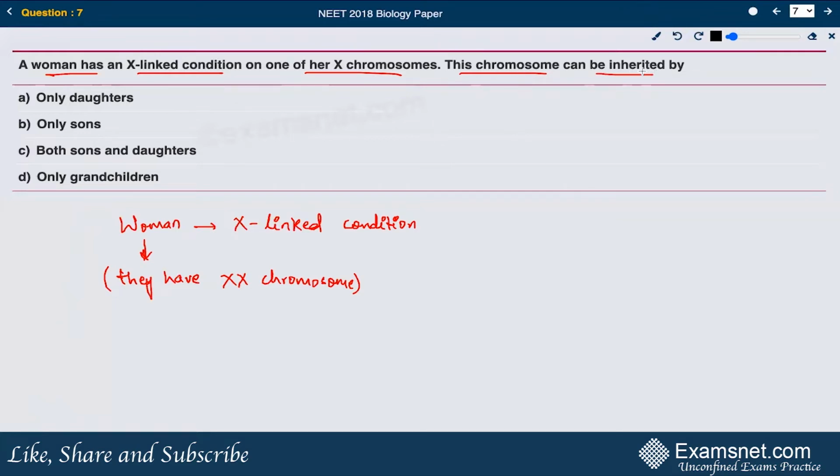Now this chromosome can be inherited by one of her X chromosomes. It is saying that a woman is having an X-linked condition on one of her X chromosomes.